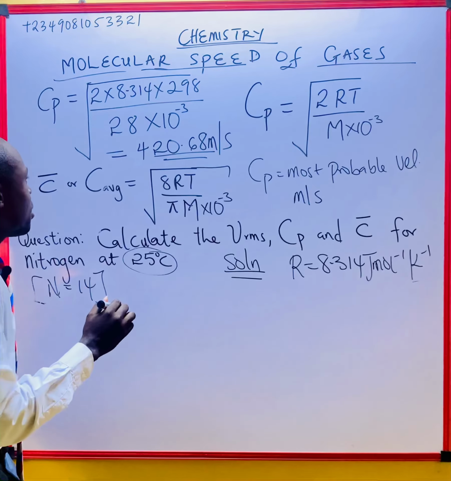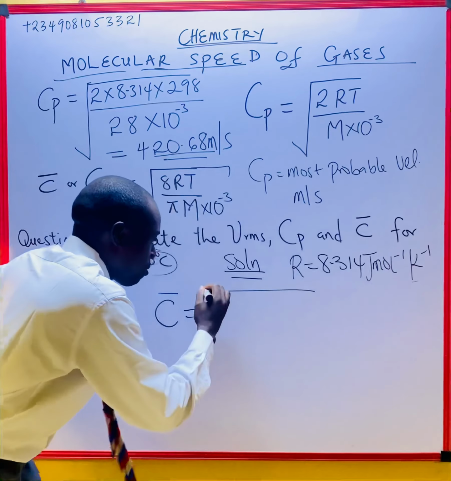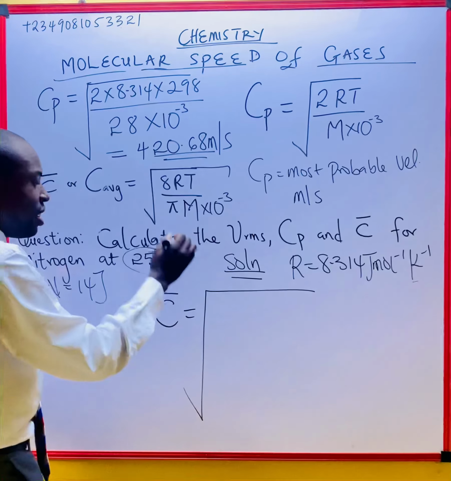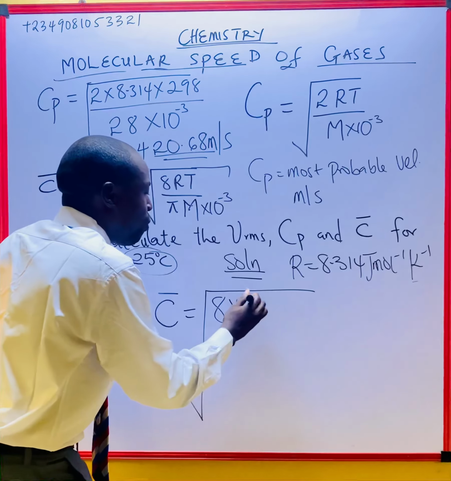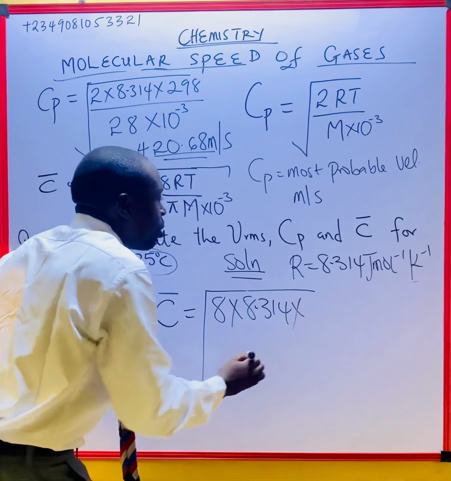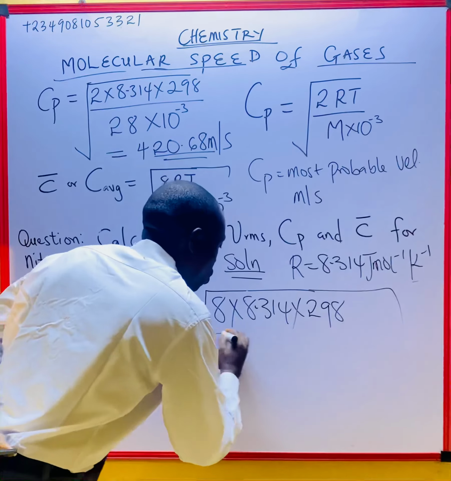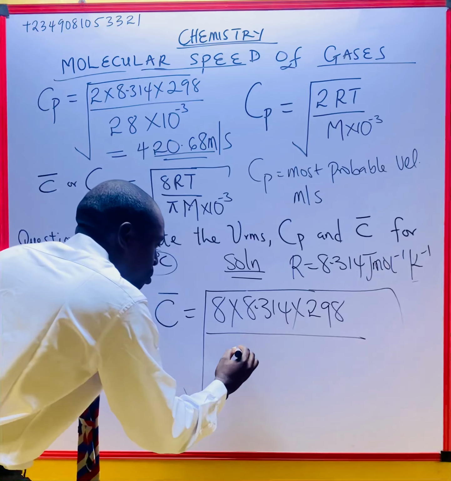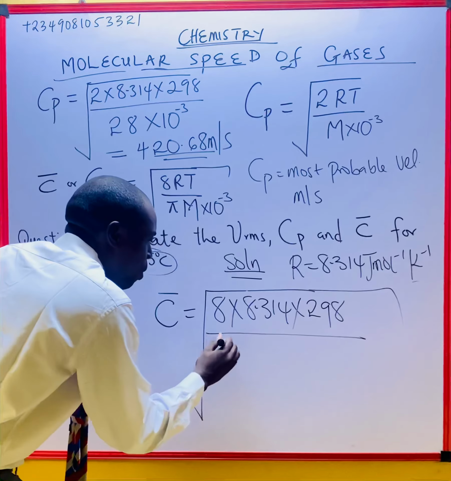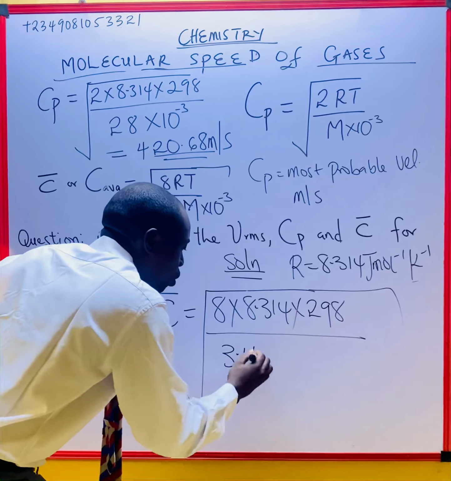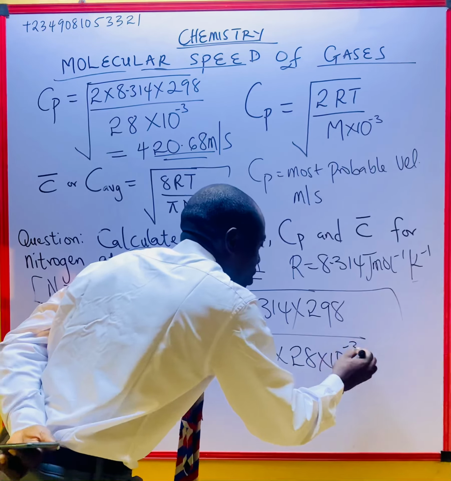The formula is simply like this: 8 multiplied by 8.314 multiplied by your temperature, which is also 298, over pi, which is 3.142, multiplied by 28 times 10 to the minus 3.